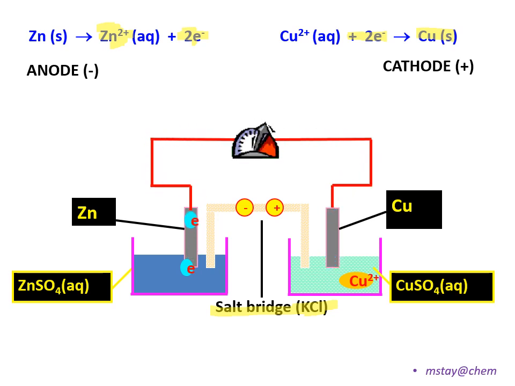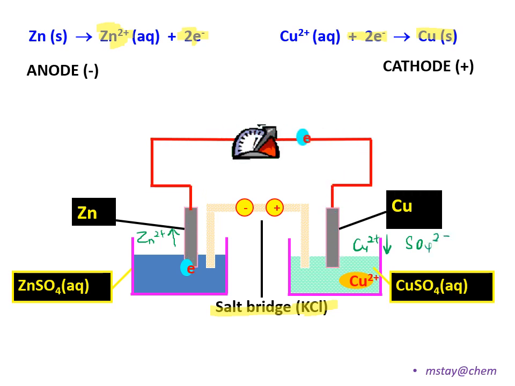and the electrons will enter the Cu2 plus. Like we just mentioned, at this moment the concentration of zinc 2 plus in the solution is getting higher, while the concentration of Cu2 plus is getting lesser, and there will be SO4 2 negative.